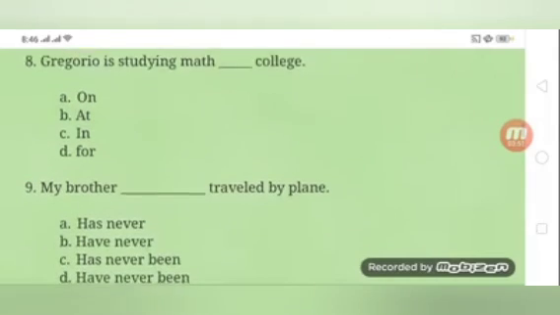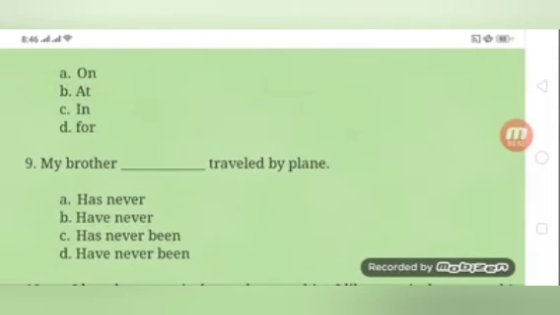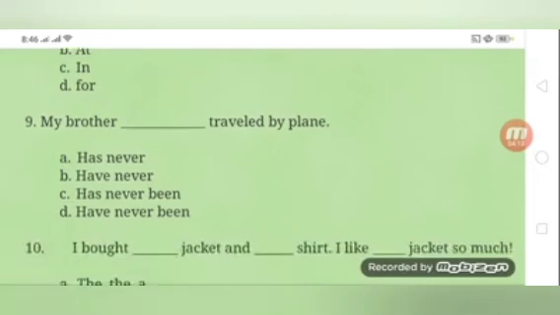My brother blank traveled by plane. So here, okay. So, the action of the verb here is like from the time when he was born until now. So, you would say, the tense of the verb that is appropriate to use here is the present perfect form. So, you would say, my brother is singular, so it says, has never been traveled by plane. Okay?